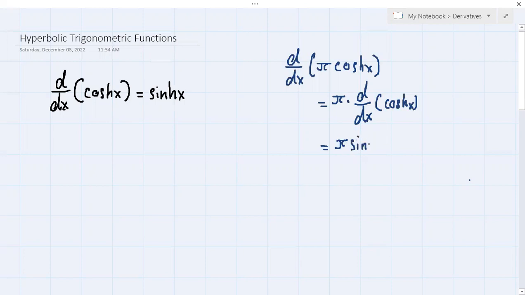So we will have pi times sine hx. So pwede na to, or we can have pi all over cosecant of hx. Okay? So both of them are correct. No changes at all. Parehas naman siyang tama.